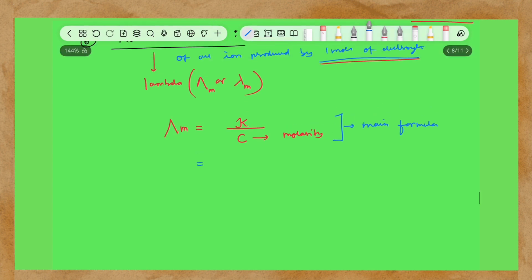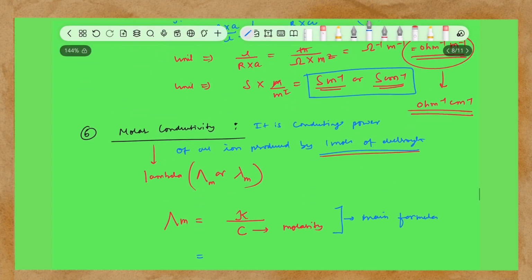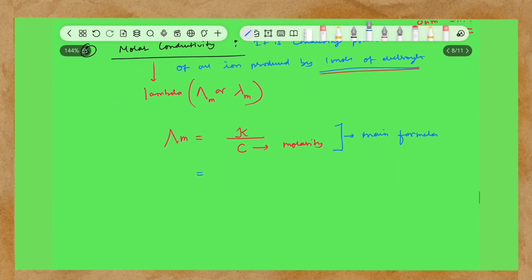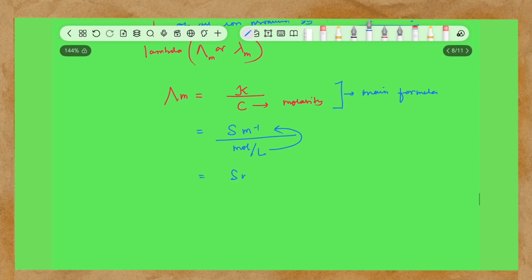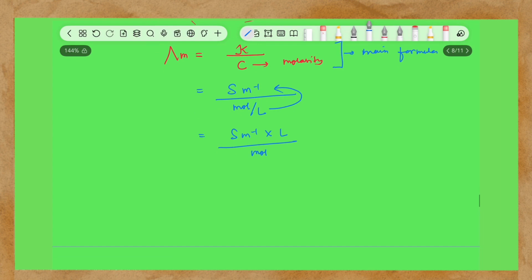For kappa, we have derived that kappa is Siemens per meter, and we know the concentration is mole per liter. So this liter will get multiplied to the numerator and become liter upon mole. Now meter has power -1, but liter is also a volume which can be written in terms of meter cube or centimeter cube.